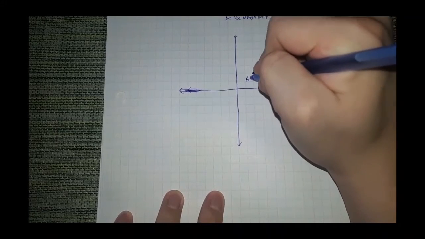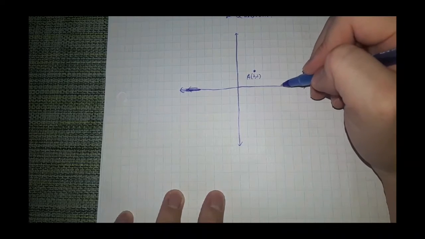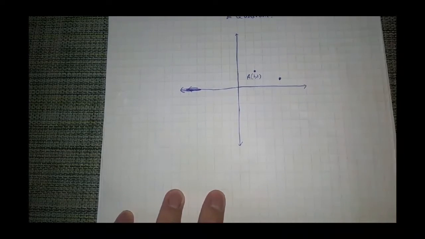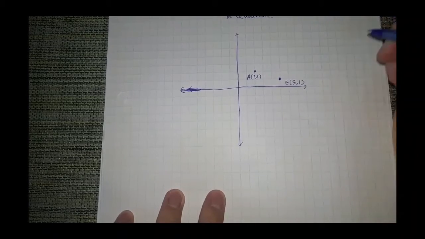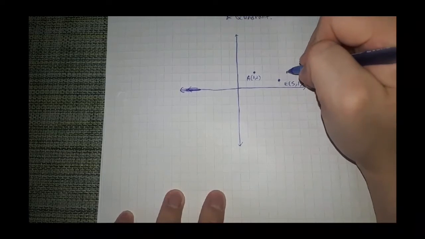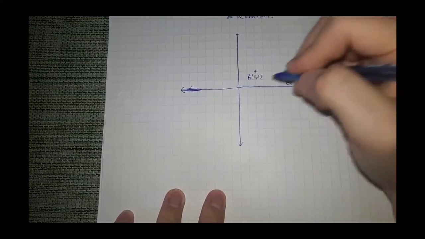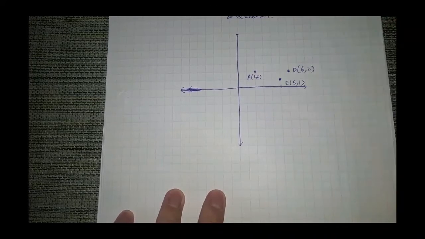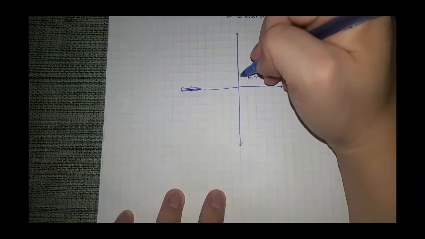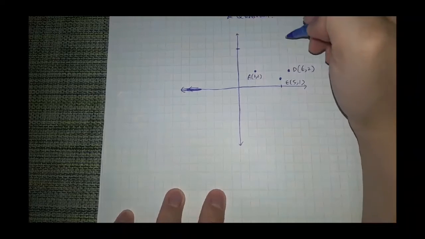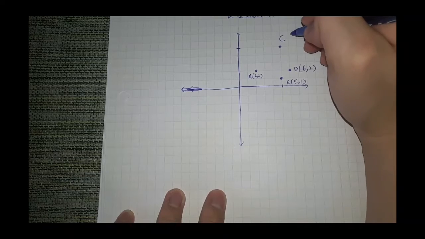A at 2, 2, E at 5, 1, D at 6, 2. And let's say 5 and 5, we have a C coordinate.